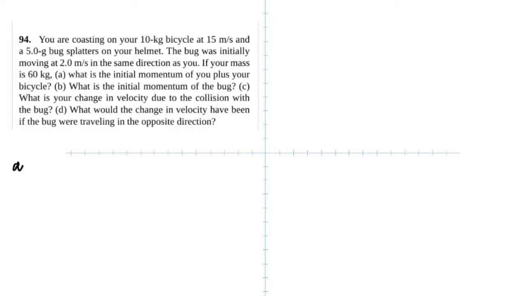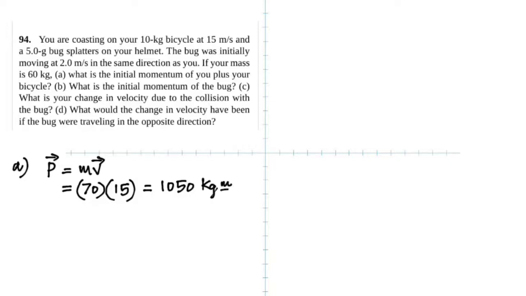Now, momentum is just the product of mass and velocity. So in the first case, you've got to add the masses of both the bicycle and the person. Just 70 kilograms times 15 is 1050 kilogram meter per second, which is 1.1 times 10 to the 3 kilogram meter per second.